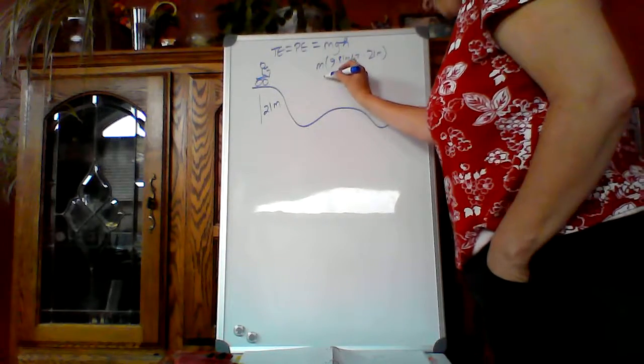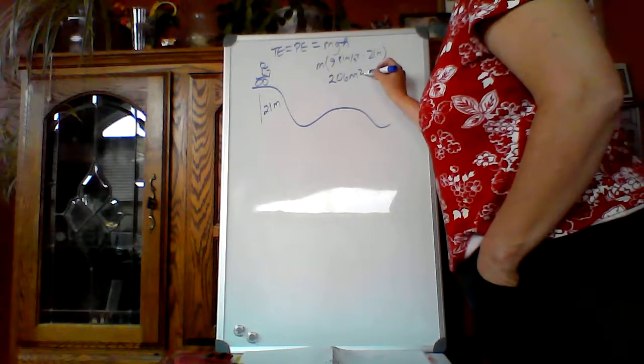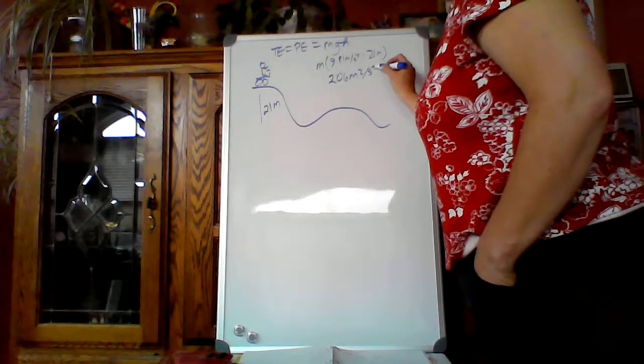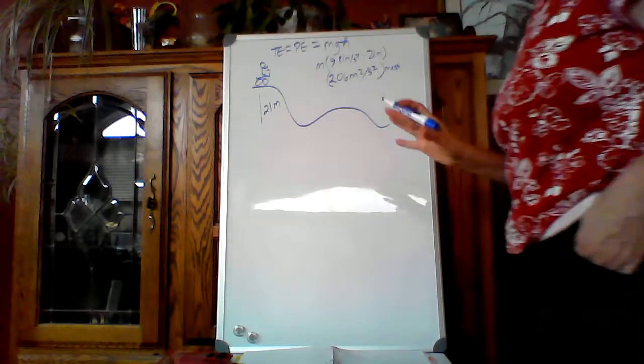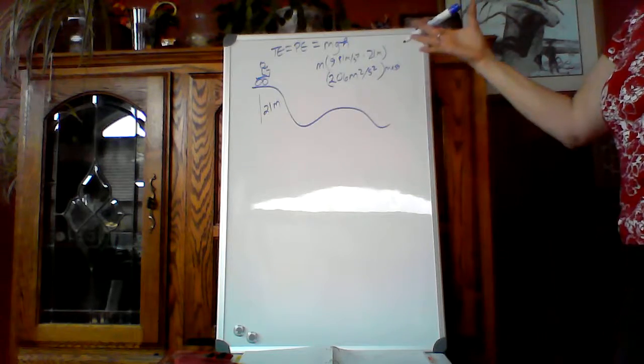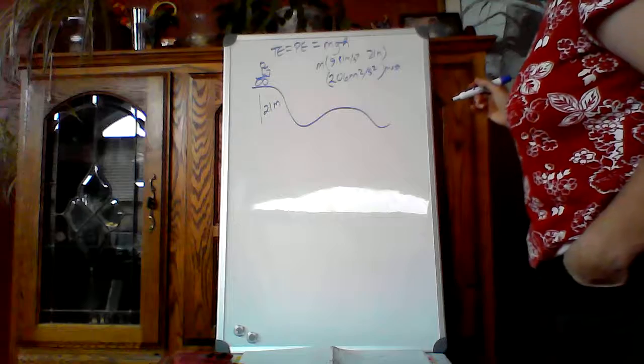So the potential energy is going to be equal to 206 meters squared per second squared times his mass. Doesn't matter what his mass is, because unless he wrecks his bike and loses a limb, his mass is going to be the same at the beginning or at the end.